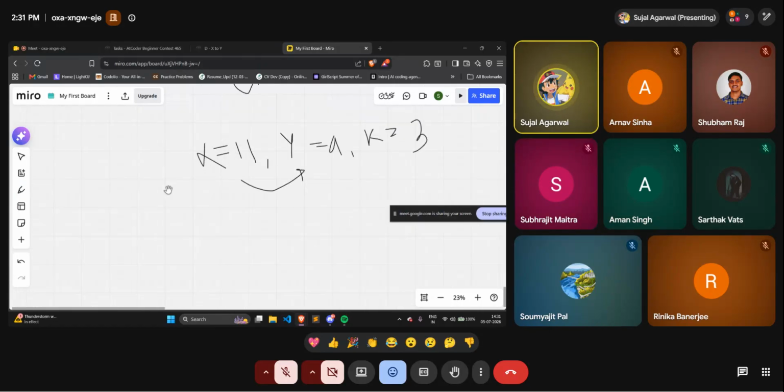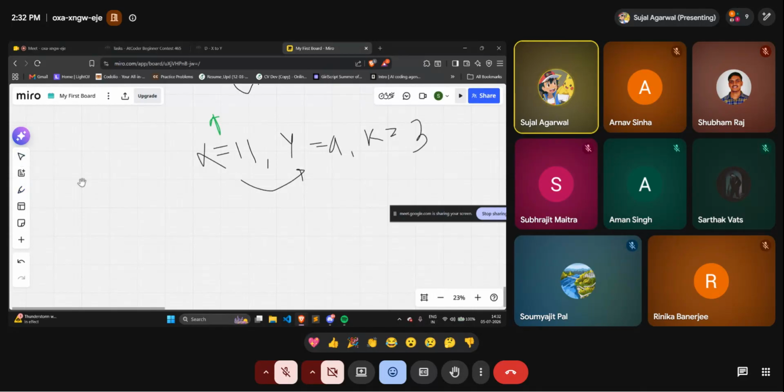Let's discuss how we can do it. 11 is still greater than 9, right? So we cannot multiply it to make it smaller. Multiplying it to make it smaller would make no sense. So we need to divide it by 3, right?